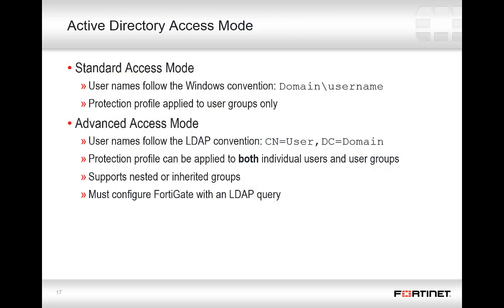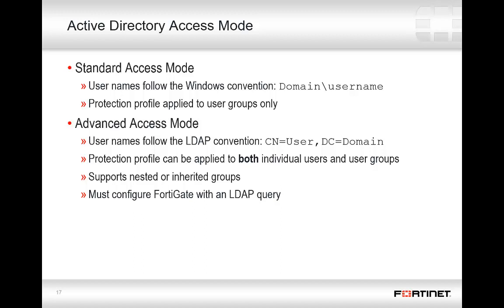Another FSSO setting that we must configure is called AD Access Mode. This setting specifies how the collector agent accesses and collects the user and group information. There are two modes, Standard and Advanced. Differences include the naming convention used to provide the domain and username.